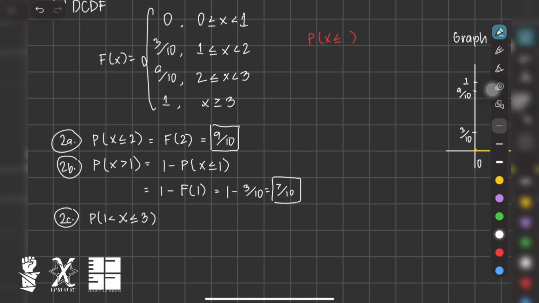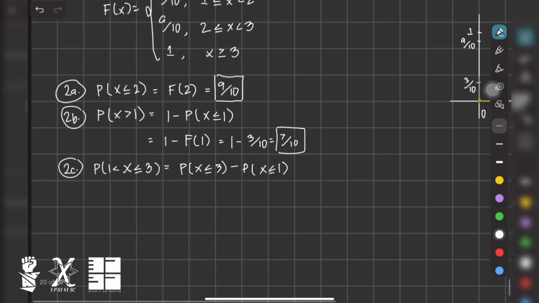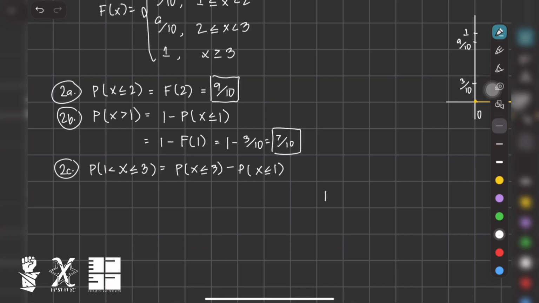Now, how do we break this down? How can we write this down? Let me explain why this works. Initially, you're looking at, for example, the number line. Let's say this is 0, this is 3, and here are 1 and 2.